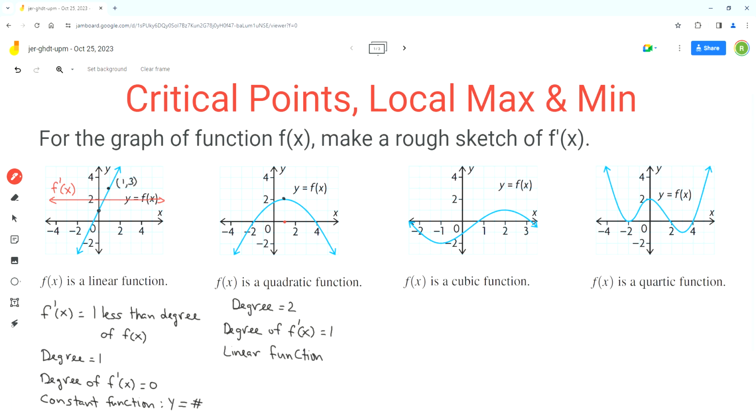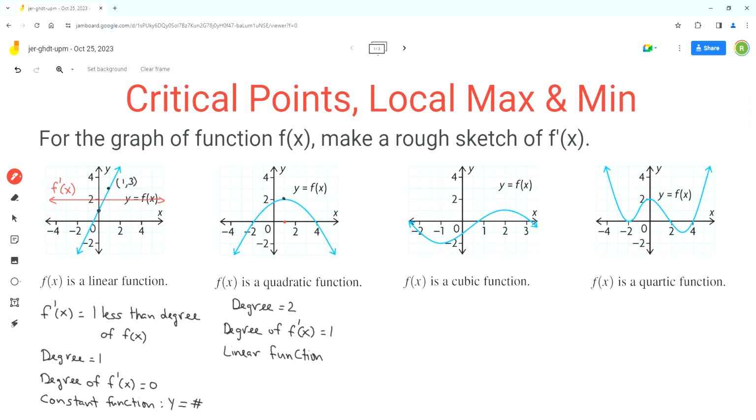Now on the left side of this local maximum, which in this case is also the absolute maximum, the function is increasing, because as we go from left to right across this parabola, the function value increases all the way up to the local maximum.